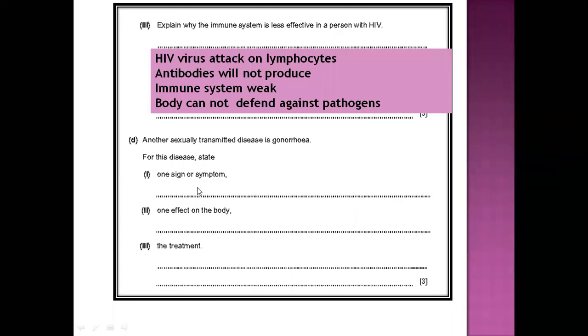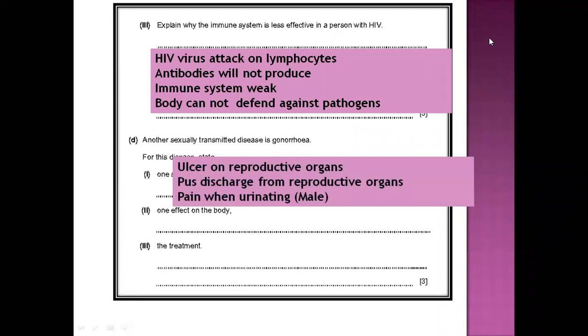Now, there are different signs and symptoms of this disease, but here I will tell you only a few. First is ulcer on reproductive organs, pus discharge from reproductive organs, for both male and female, and pain when urinating, especially when a male is urinating. So these are the signs and symptoms of the disease.